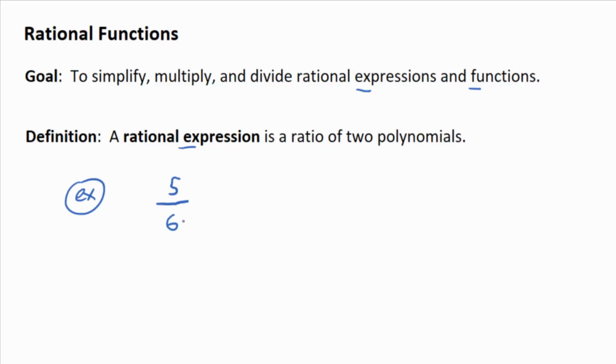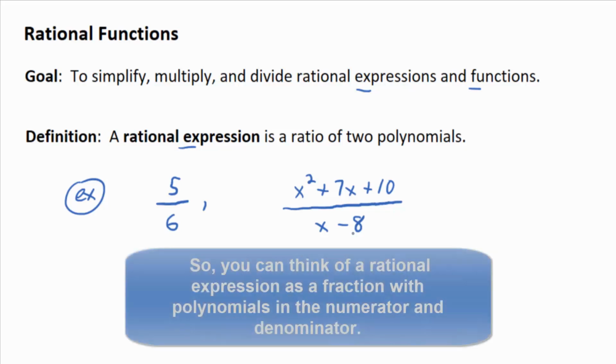So technically, the rational number 5/6 is a rational expression, but that's kind of a lame one. So let's think of a polynomial. How about x squared plus 7x plus 10? That's a polynomial. And then if you divide that by another polynomial, maybe x minus 8, that would be a rational expression.